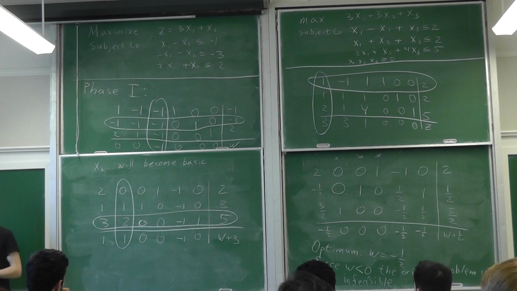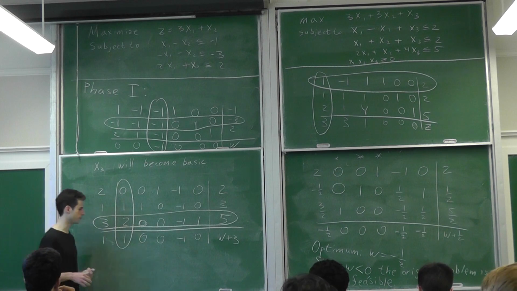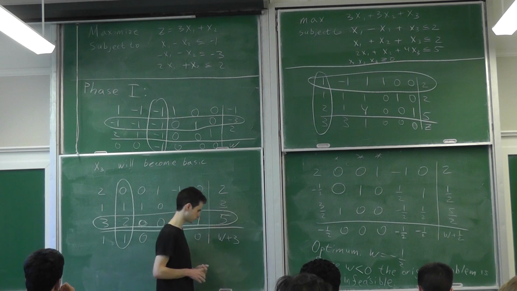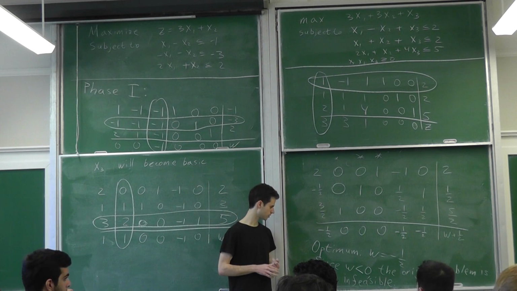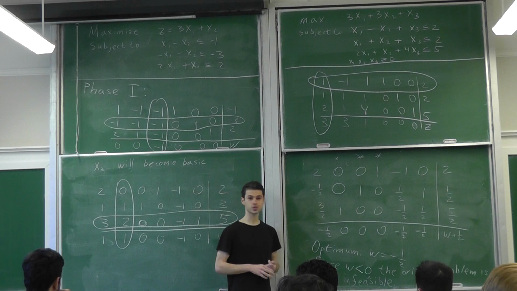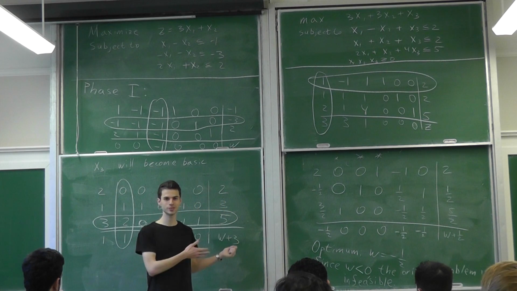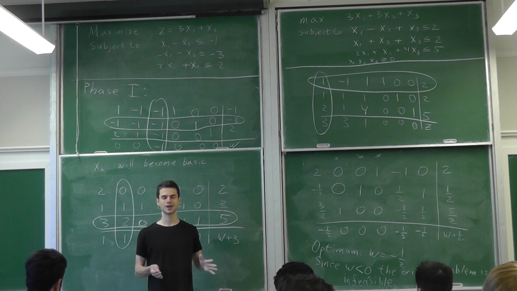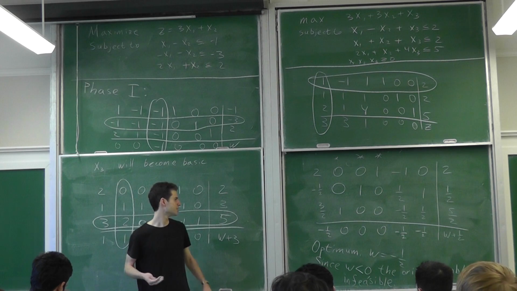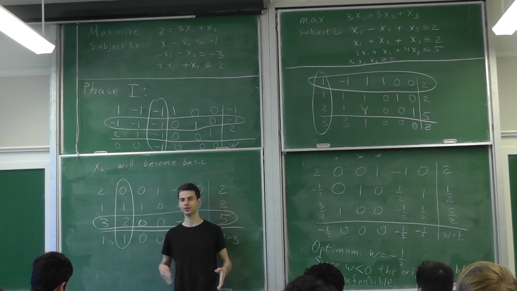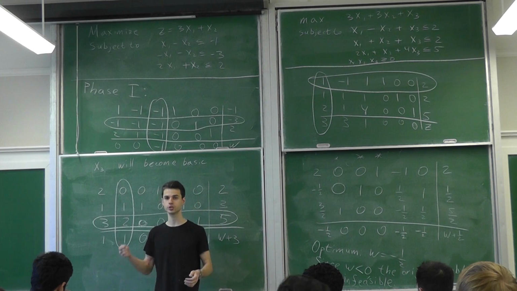Okay, so basically now we know more or less everything there is to know about the simplex algorithm. I mean, up to a point, of course. We know how to perform it when there is an obvious feasible solution, the origin.